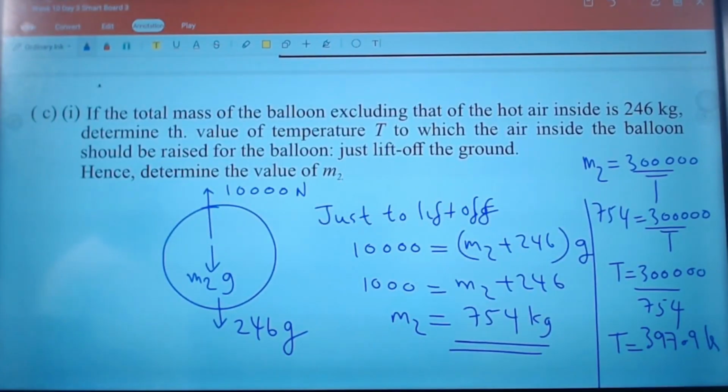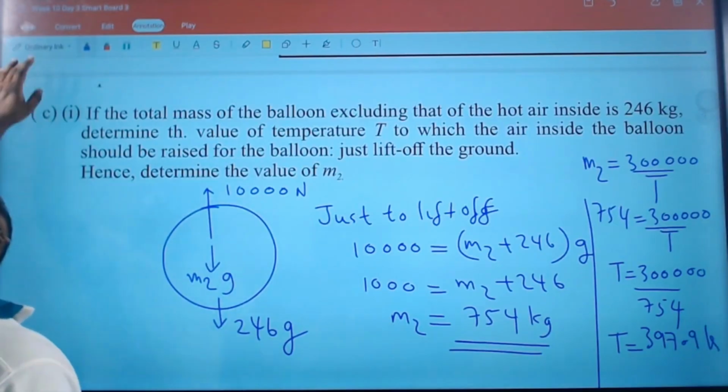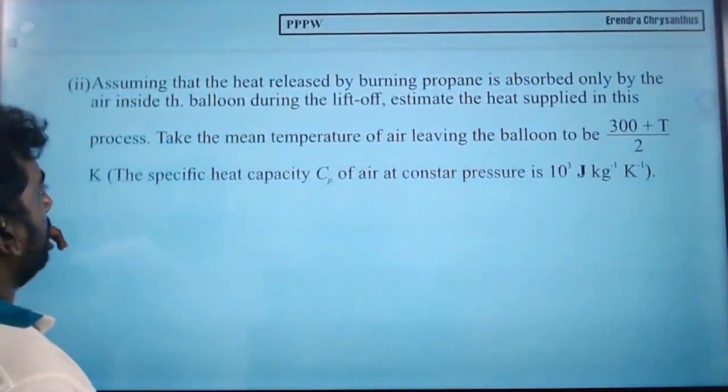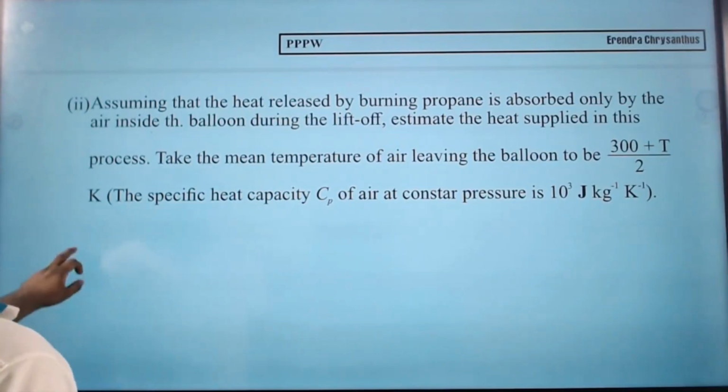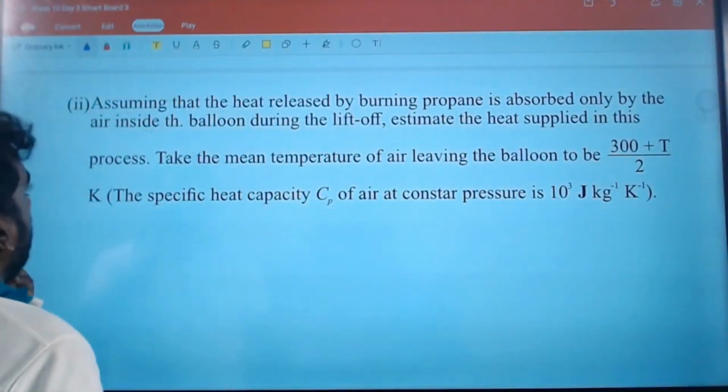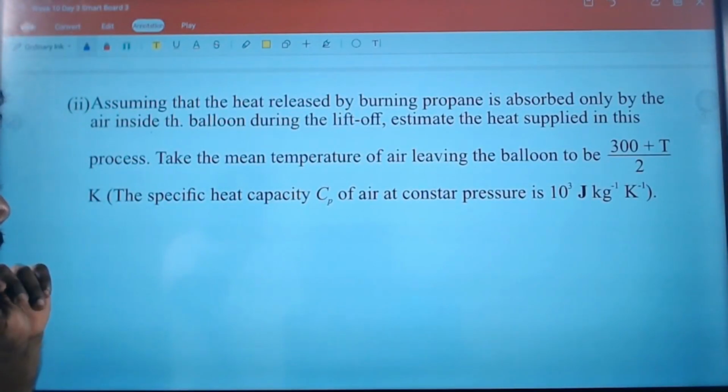Determine the value of T: 397.9, approximately 398. Right.